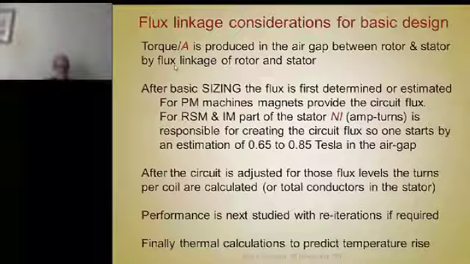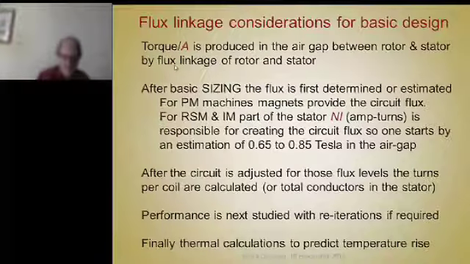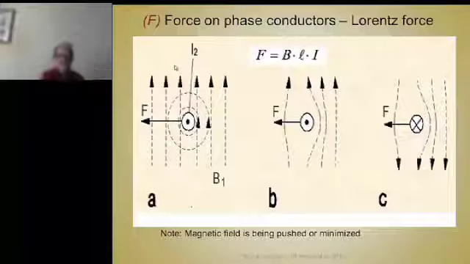The performance analysis requires iterations. That's why computer simulations save a lot of time. What used to take months to design, you can now do in a week or days using computers. And don't forget that we have to predict the temperature rise with the thermal analysis.